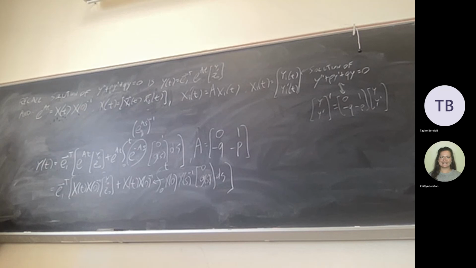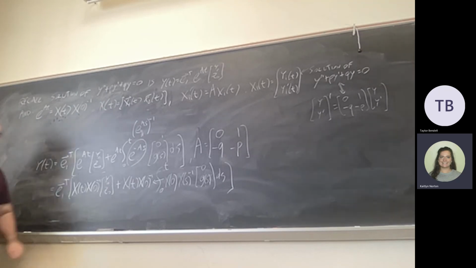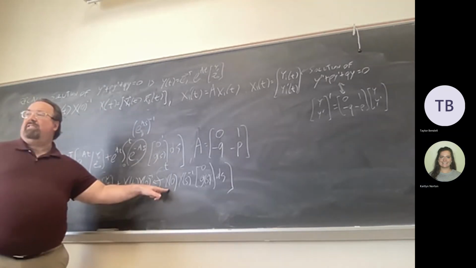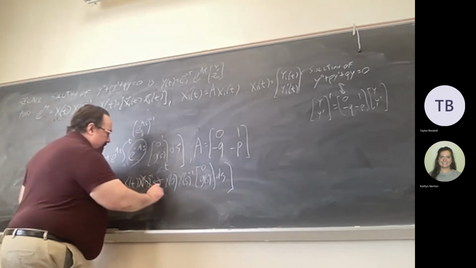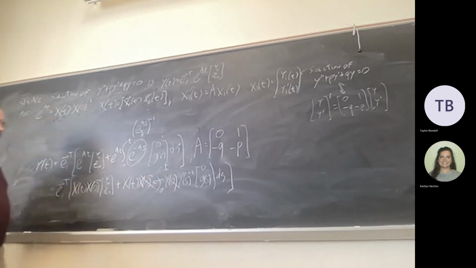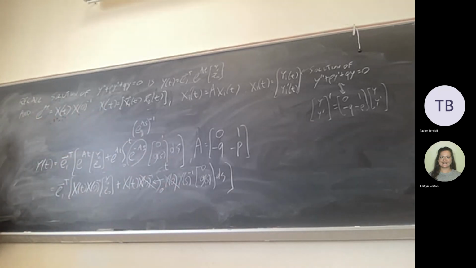Does it simplify with the inverse that's there? Yeah. x of 0 inverse times x of 0 is the identity. Okay. So these will cancel.